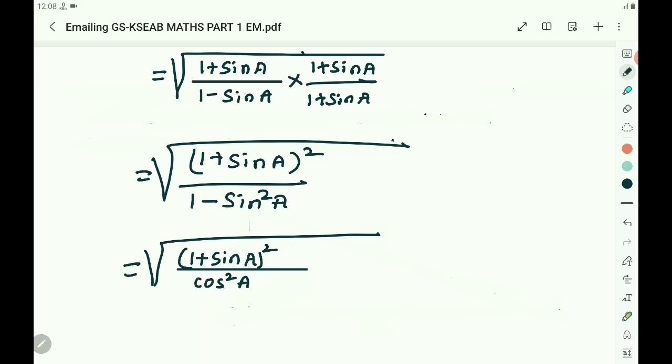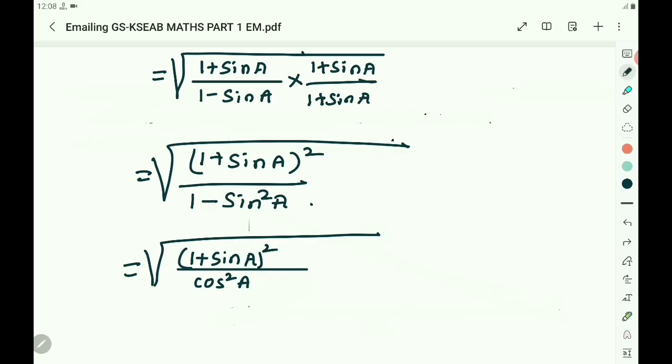You know the identity, cos square A plus sin square A is equals to 1 and cos square A is equals to 1 minus sin square A. Then you write 1 minus sin square A as cos square A. Now, both the numerator and denominators are having square. They are under the square root. If you remove the root, square becomes cancelled.